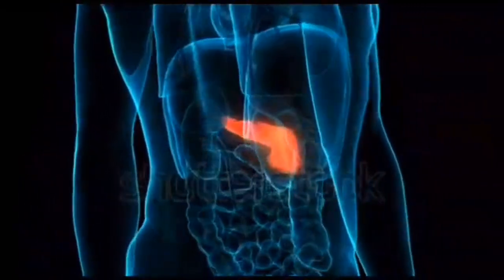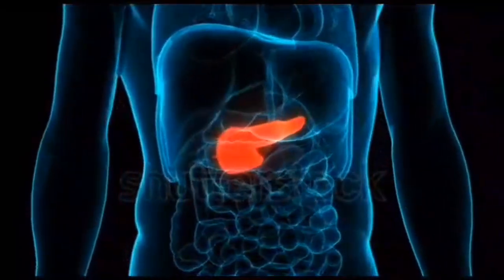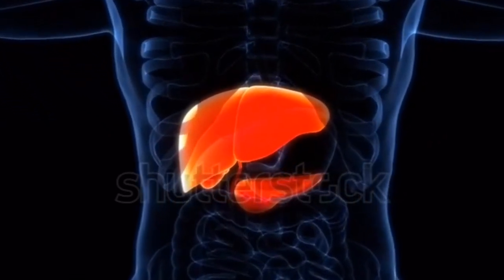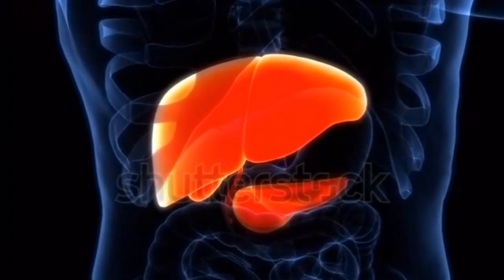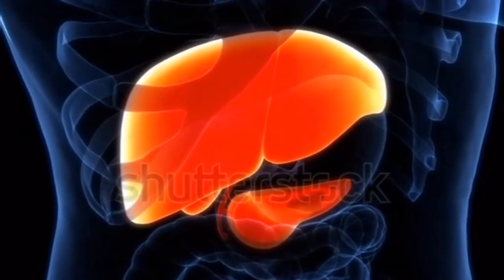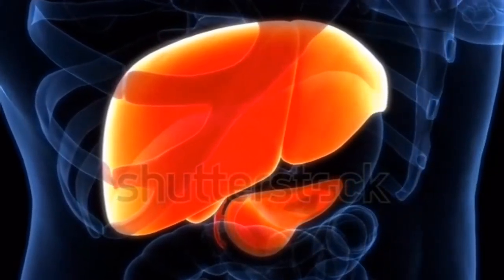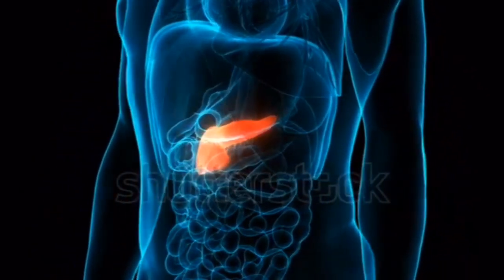This is because in diabetes excess sugar is found in the blood as well as in the urine. So it is very important for you to remember that diabetes can be diagnosed by the blood glucose level as well as the glucose level in urine. This is how it got its particular name as well. So it is quite interesting to know.